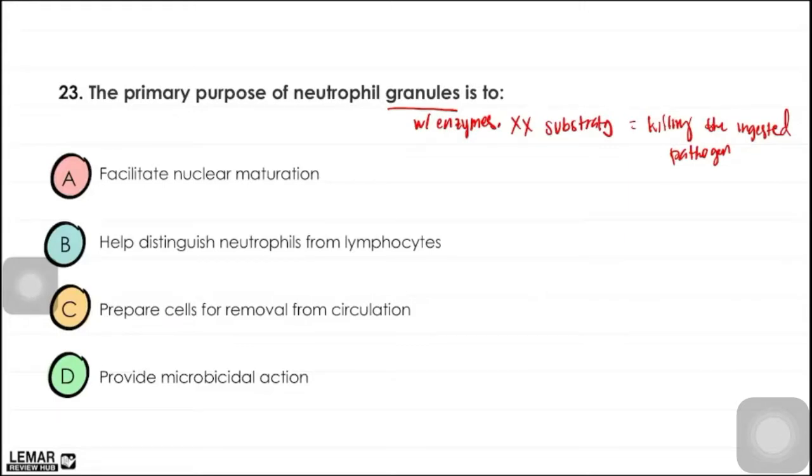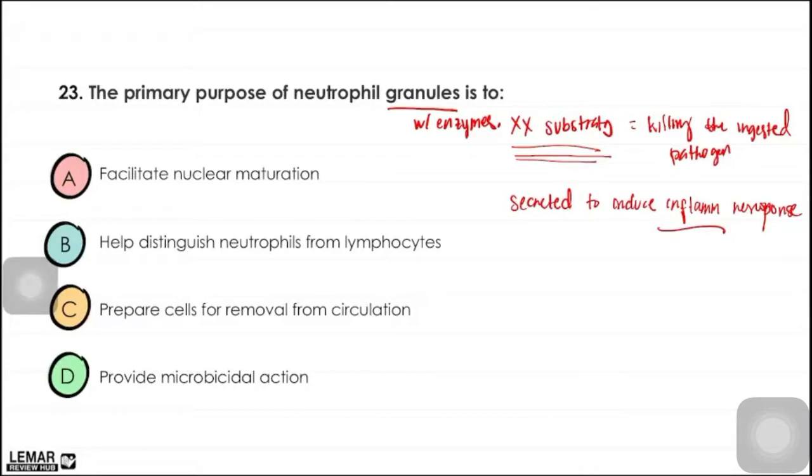So this enzyme is needed to destroy or break down substrates, killing the ingested pathogen, and these are also secreted to induce an inflammatory response.